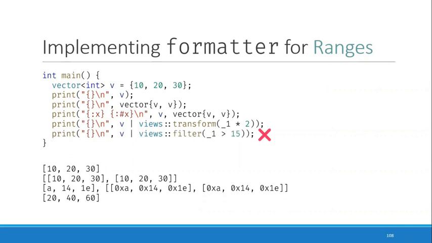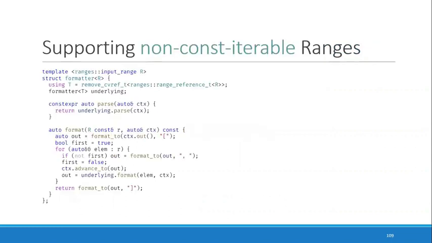Well, that's annoying. So what happened here? The issue is we took our range by reference to const, and so we're looping over a const reference here. But filter is not const iterable. There's a bunch of range adapters where the mutable version is a range, but the const version is not a range.